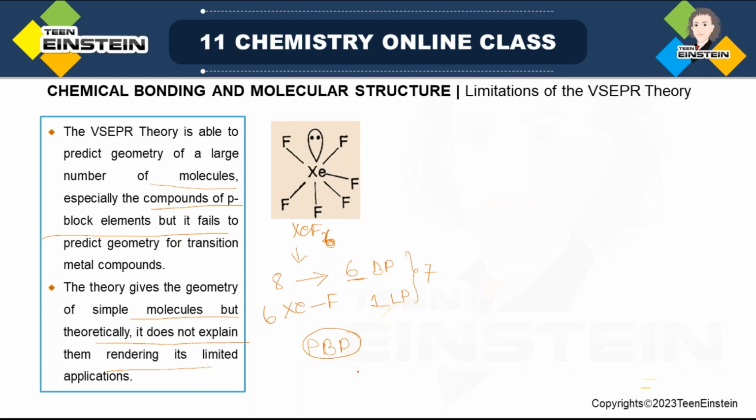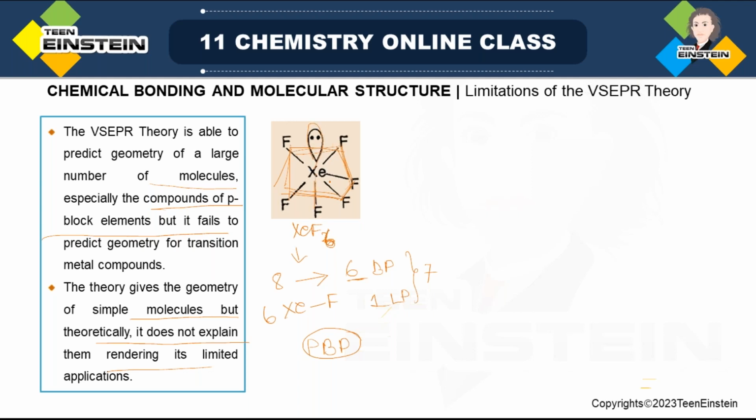Now if it is pentagonal bipyramidal, the structure should be like this. Just make a pentagon. And this is another position.